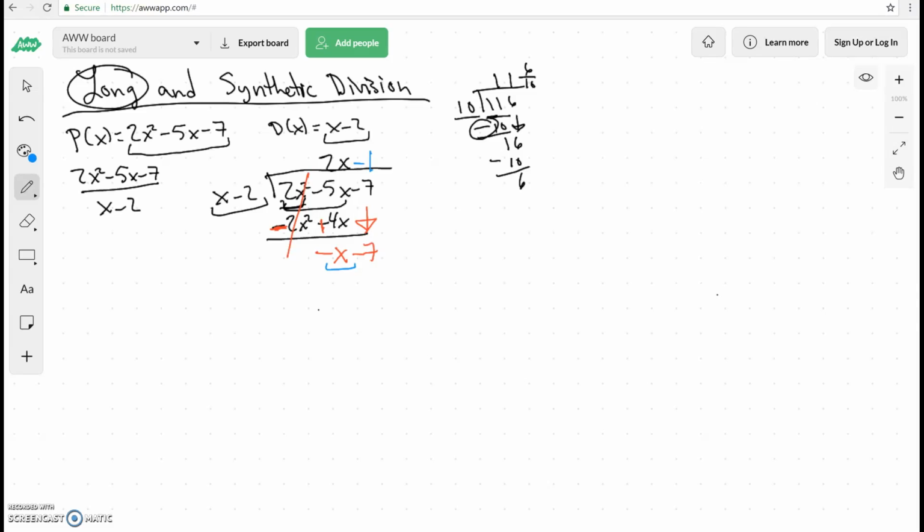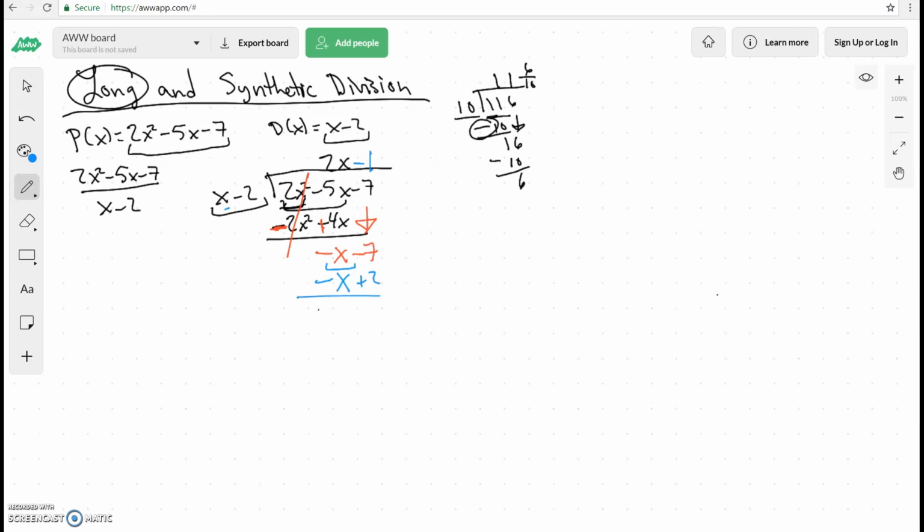Now, why won't I do it by a positive 1? Well, if I did positive 1, I would get an x here. And remember that it changes sign, and then it won't cancel out. I'll just get negative 2x. So I'm going to multiply by a negative 1. Multiply it, and I get negative x. Multiply this by a negative 1, and I get positive 2.